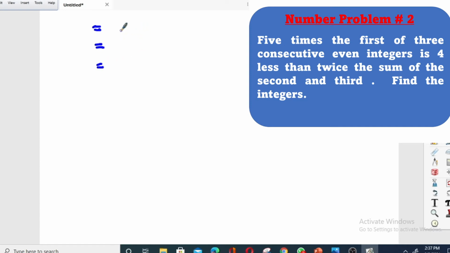All right, so we have the first. We need to name the first consecutive integer.